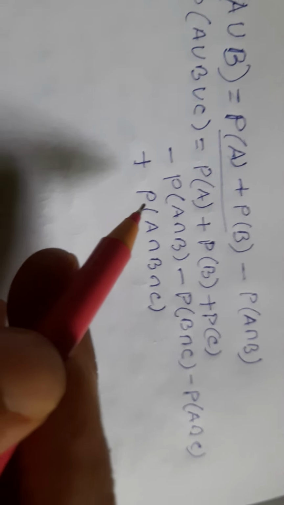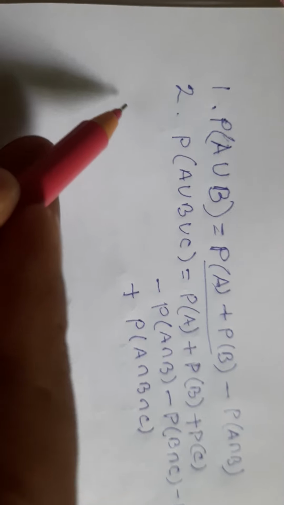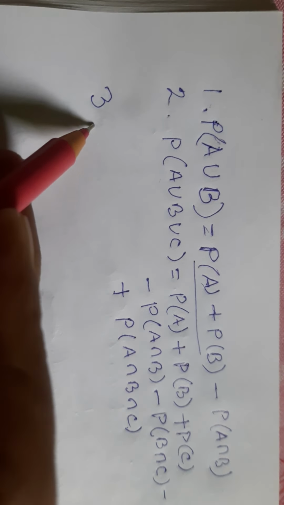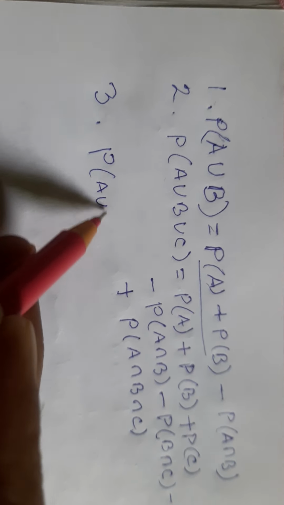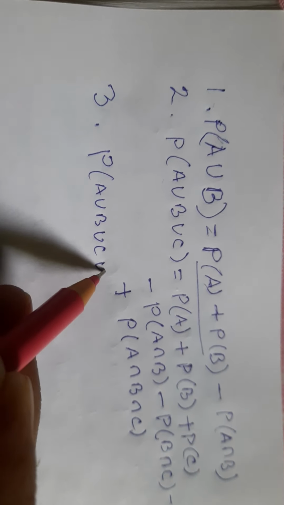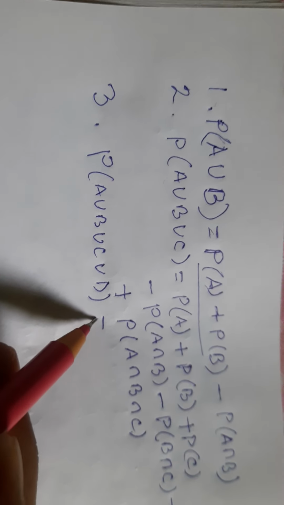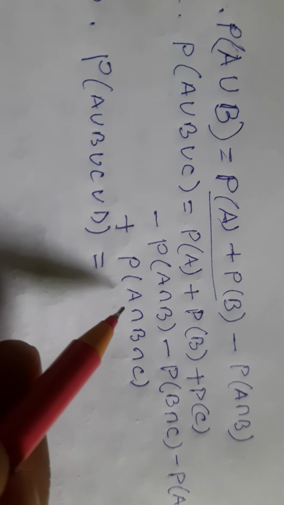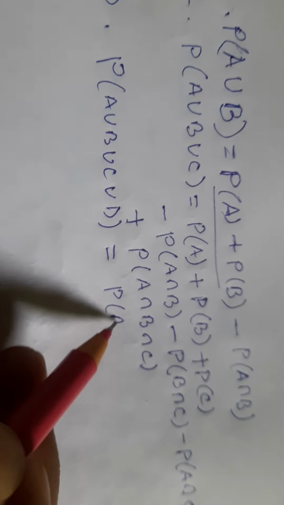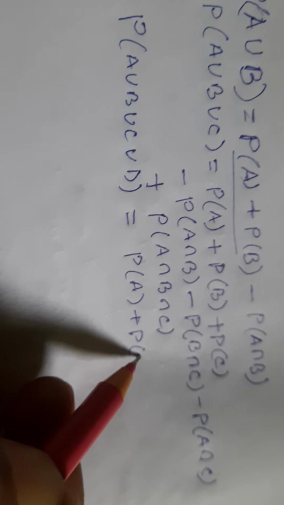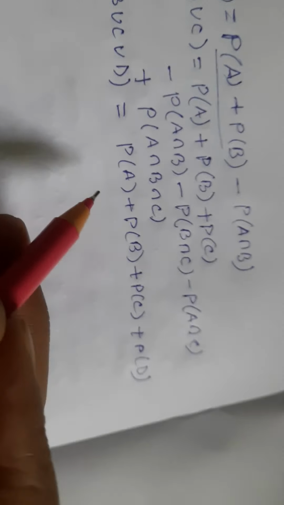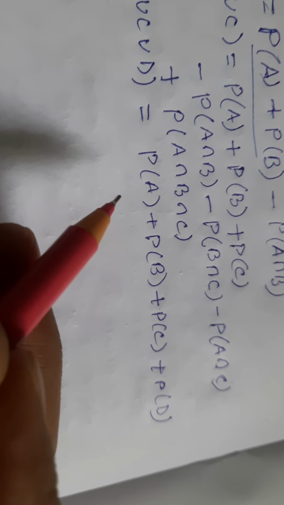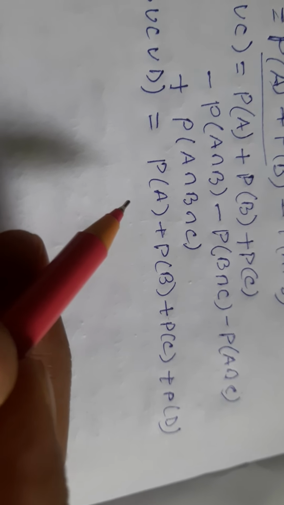So it will be easy for you to understand the probability of four events, that is P of A union B union C union D. In the first step, we add the probabilities of the single events, and then obviously we subtract the probability of two events taken together, that is the intersection of any two events.